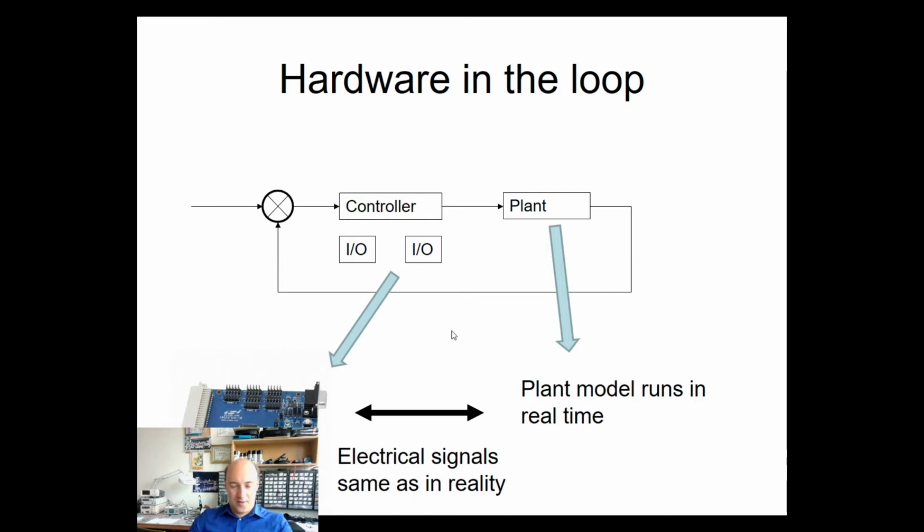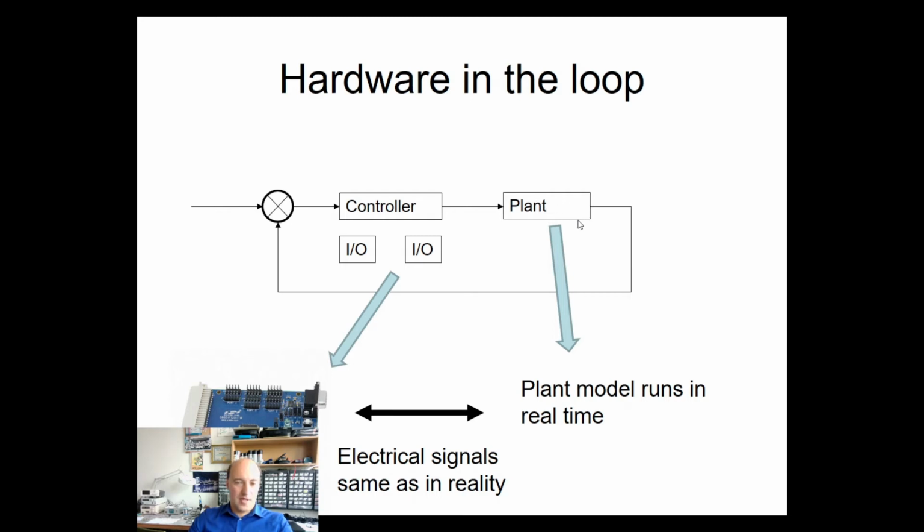So the final goal of the whole subject that we will be doing is shown on this block diagram. And we will try to make the hardware in the loop approach. Now this means that the plant, this is our system, will run in real time as a model on a computer.